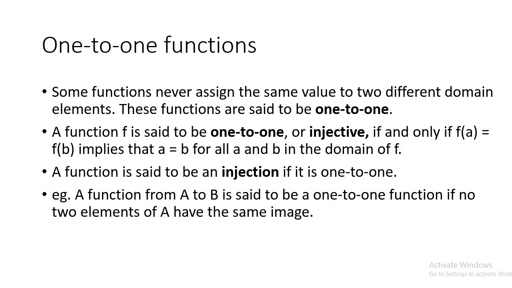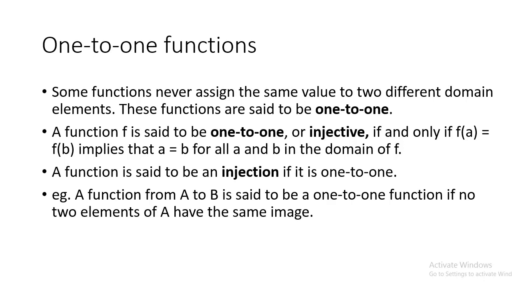A function f is said to be one-to-one or injective if and only if f of a equals f of b implies that a equals b for all a and b in the domain of f. A one-to-one function can also be called an injection.